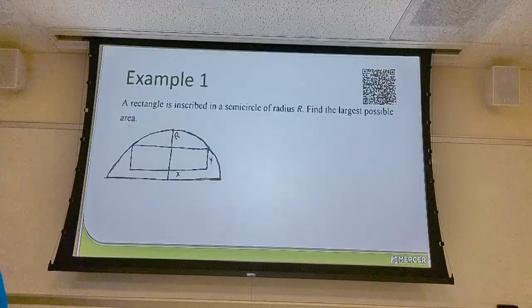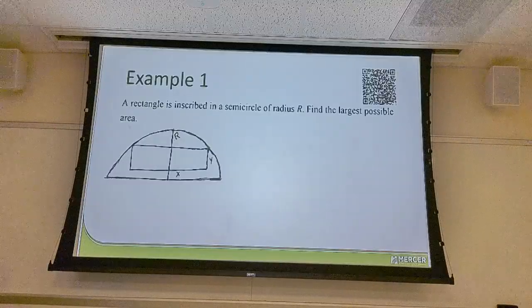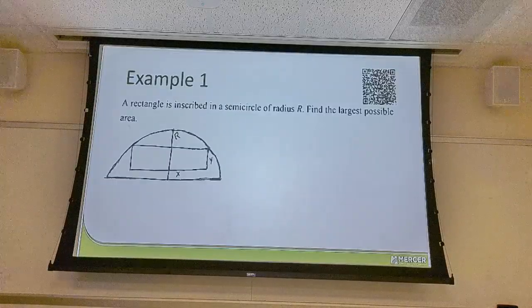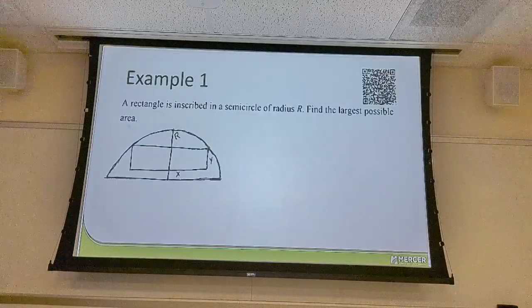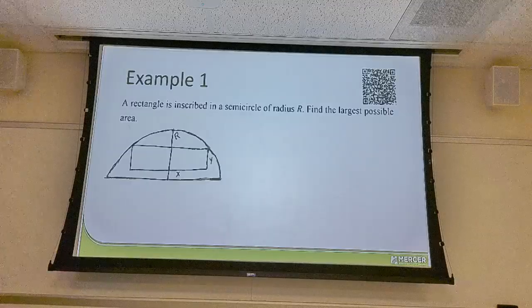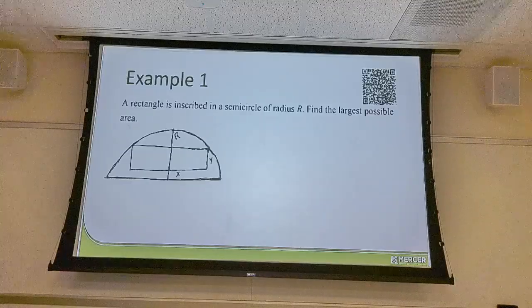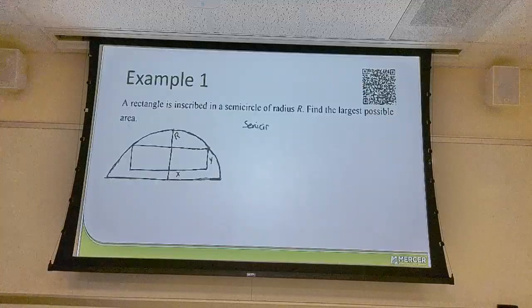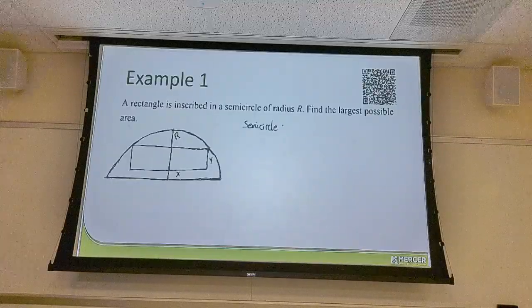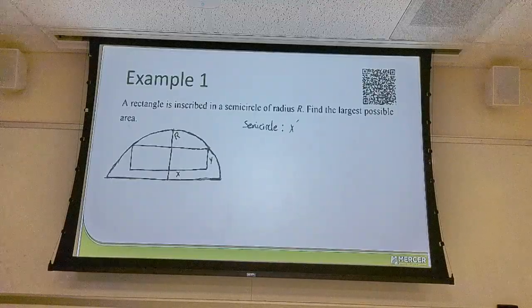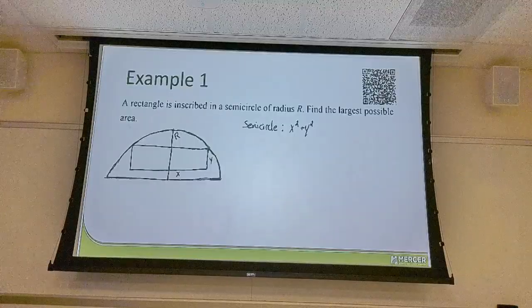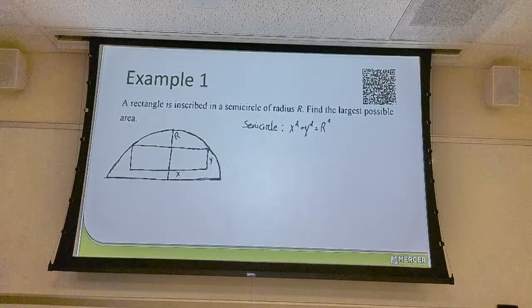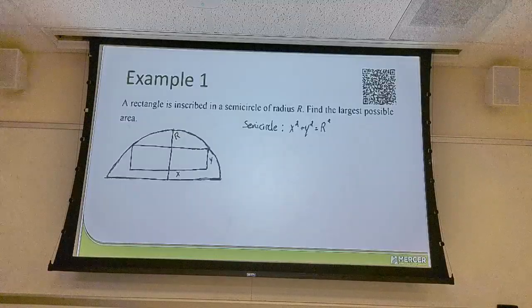Well, what's the equation of the semicircle? Right, x squared plus y squared equals r squared.